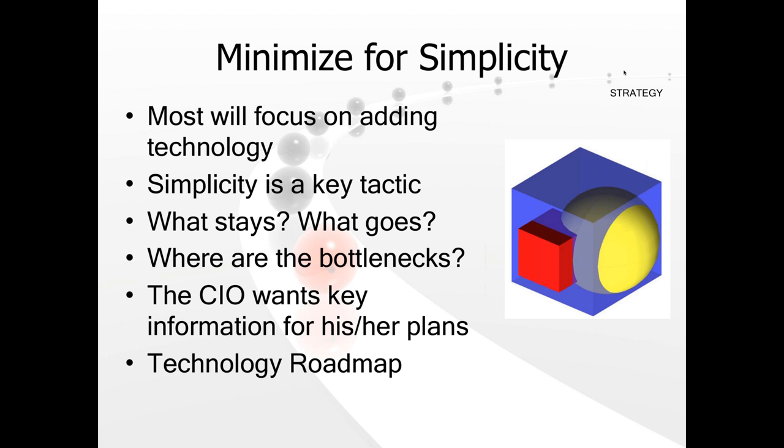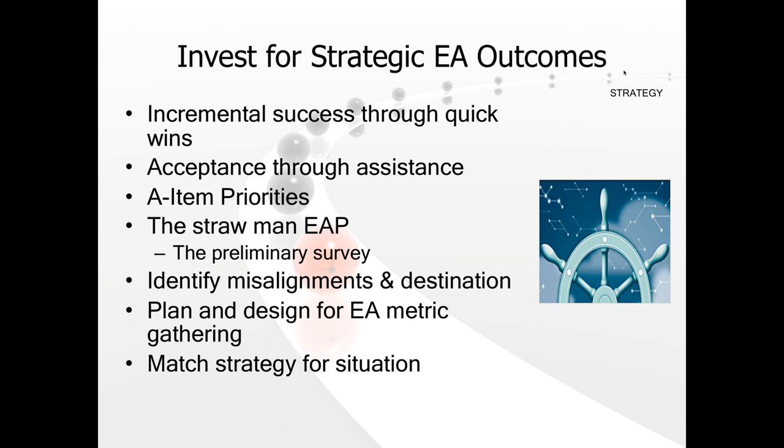So if my CIO really wanted key information for his or her plan, I needed to get them the base information from a technology roadmap. So what was the inventory of the different things we had? And I'm going to speak a little bit more to that a little bit later. But really, minimizing this was one of my strategies.